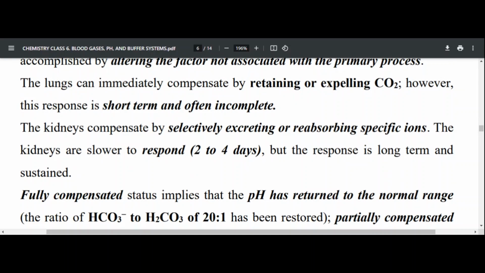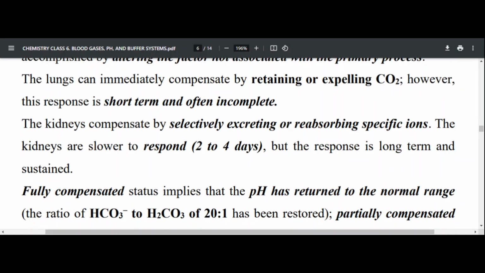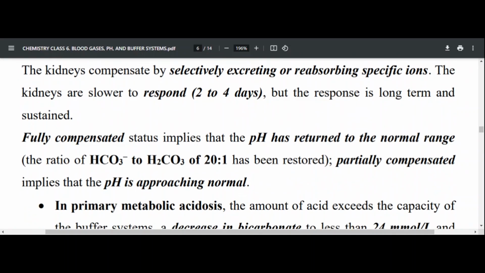And how will you know it is a full compensation? You will know it is a full compensation when pH has returned to the normal range. Otherwise, if compensation happened but pH is still out of range, it is always a partial compensation. Even if pH is approaching normal, it is not a full compensation.